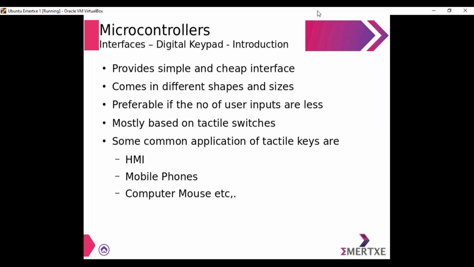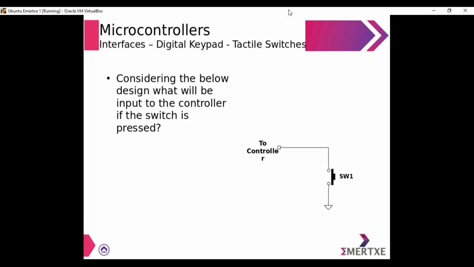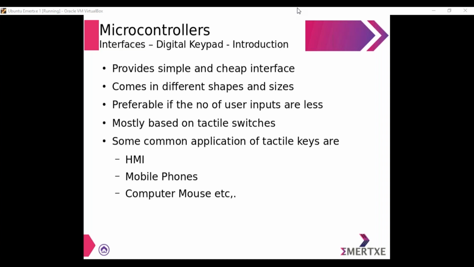Whenever you, being the human, want to give any input to the machine, you have to make use of some human machine interfacing. And the switch, in fact, is the very simplest kind of interface you can create. These switches come in different shapes and different sizes as well.